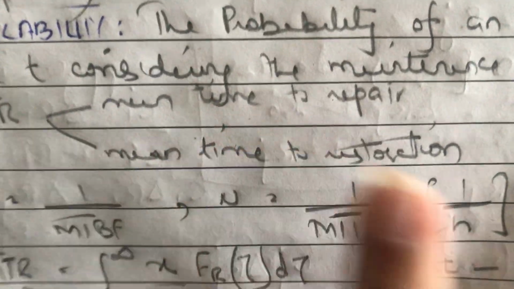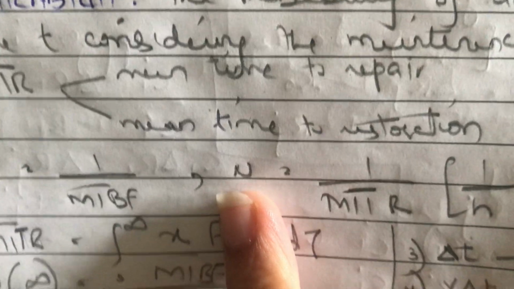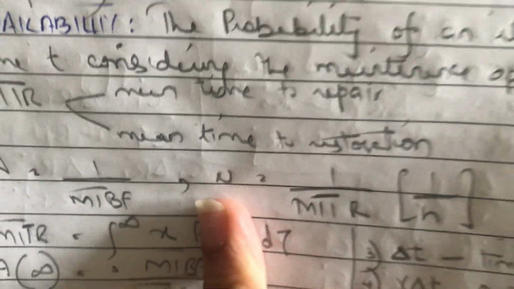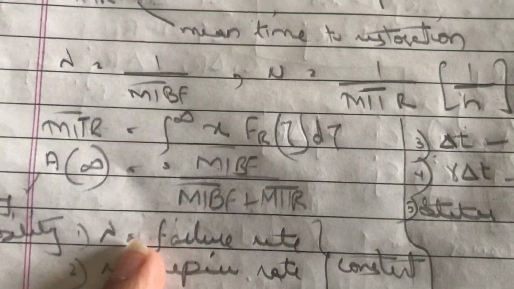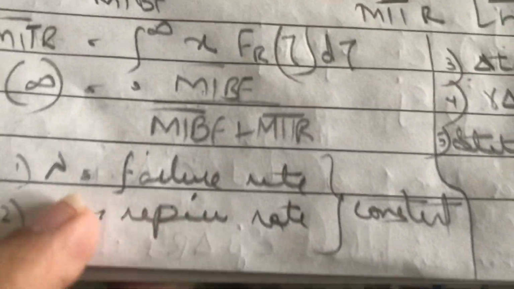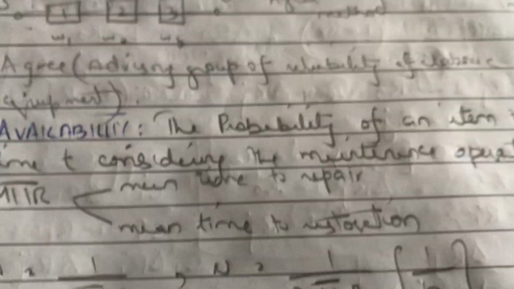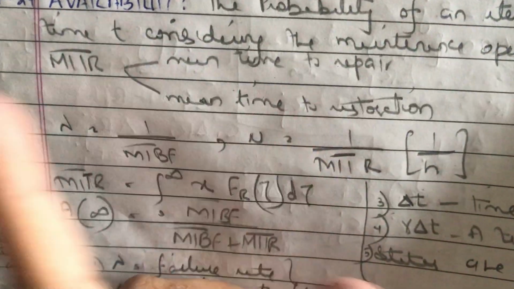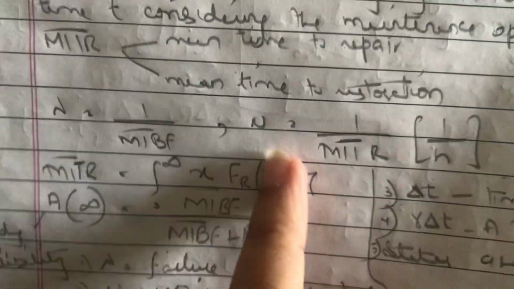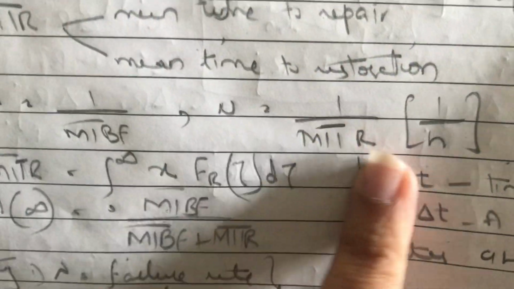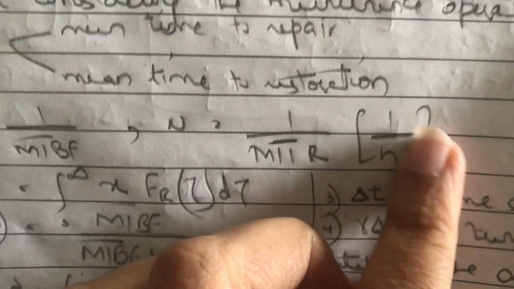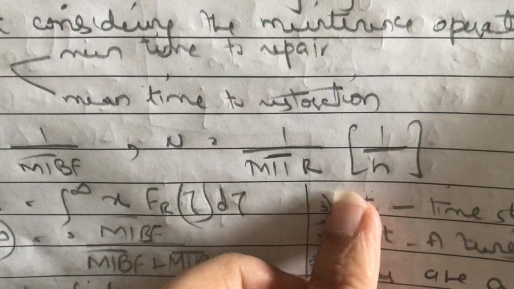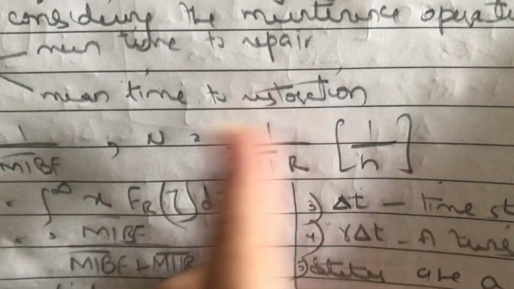So here we have mu, and what is this mu? This mu is the repair rate. Lambda is the failure rate and mu is the repair rate. They both are constant for an electronic component. So mu is 1 over MTTR, and MTTR is measured in hours.